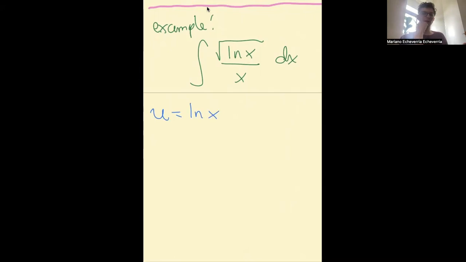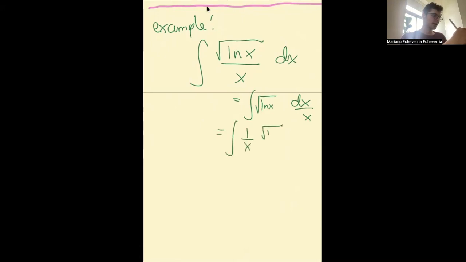Right. You could, yes, rewrite this if you prefer, I don't know if that helps to see what's going on, but you can rewrite it in this way. There are a couple of ways in which you could rewrite it. You also could rewrite it as 1 over x times square root of ln of x times the x.